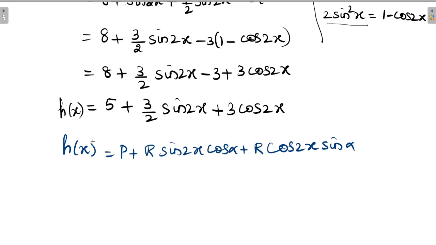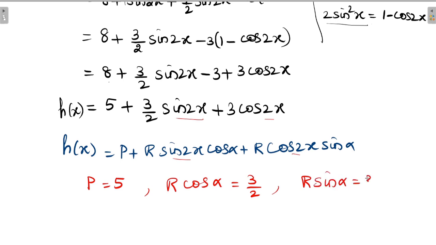So directly we can write the value of p equal to 5. Now sin 2x: r cos alpha is equal to 3 by 2, and here r sin alpha, for cos 2x, is equal to 3.